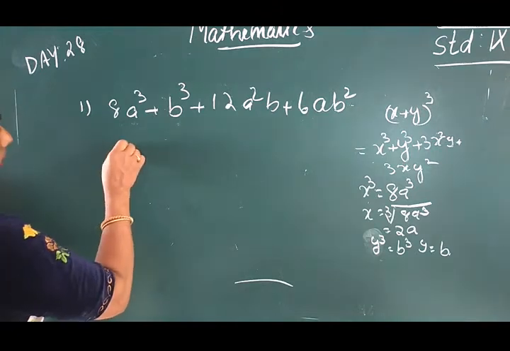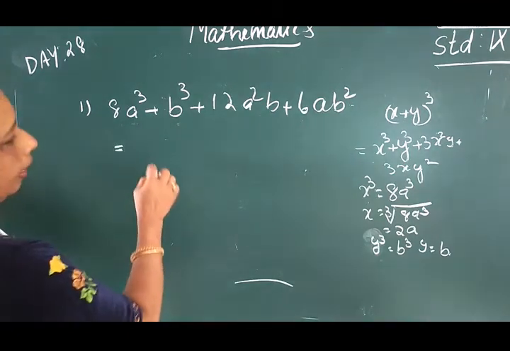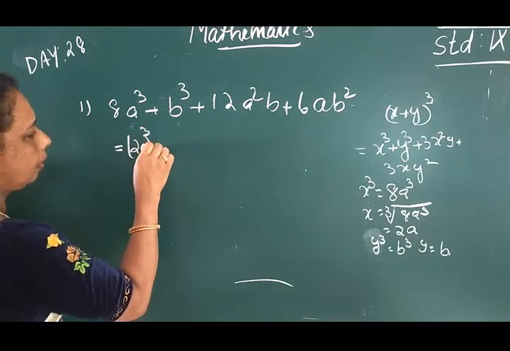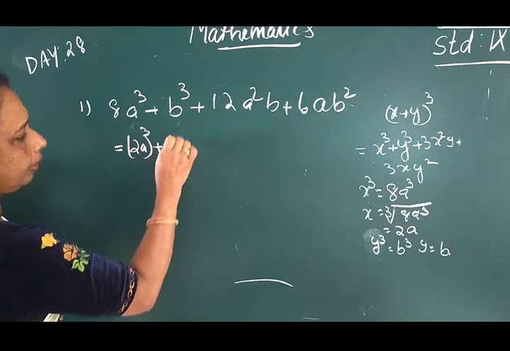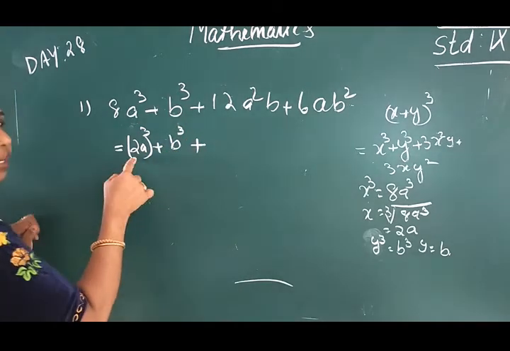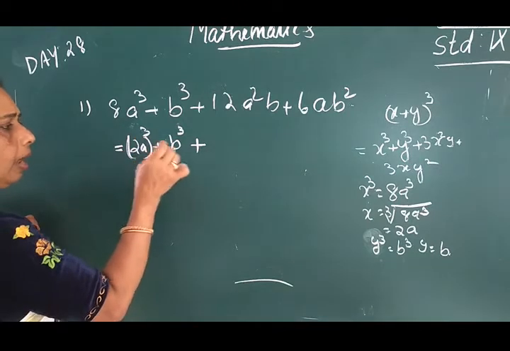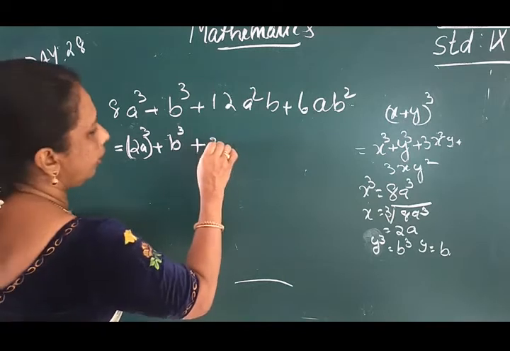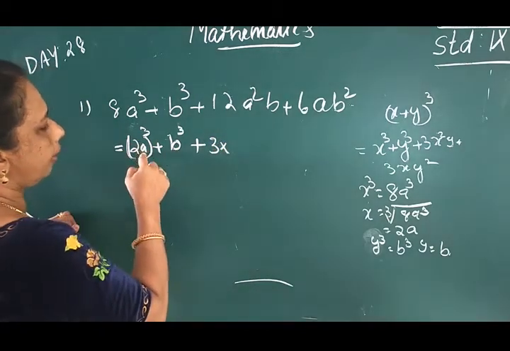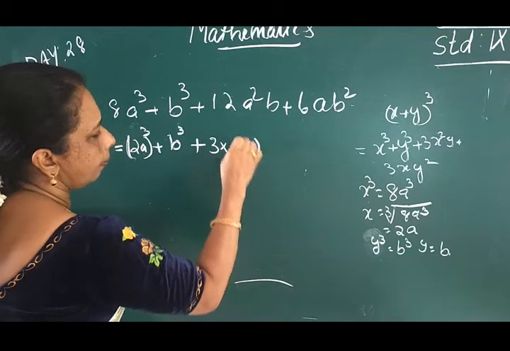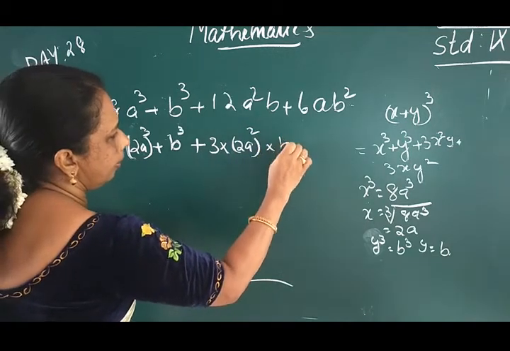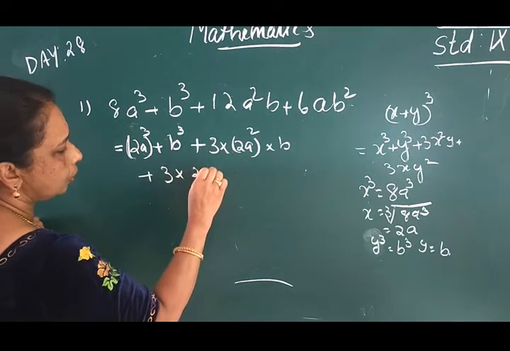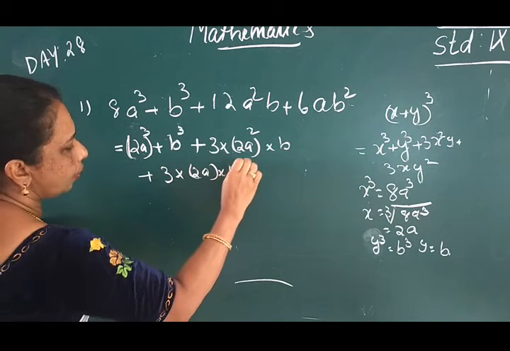So we can write this in the expanded form. This is x cube, where x is 2a, so 2a the whole cube, plus y cube, which is b cube. If the coefficient is there, we have to put a bracket; otherwise no need. Then plus 3 x square y, that is 3 into 2a the whole square into b, plus 3 x y square, that is 3 into 2a into b square.